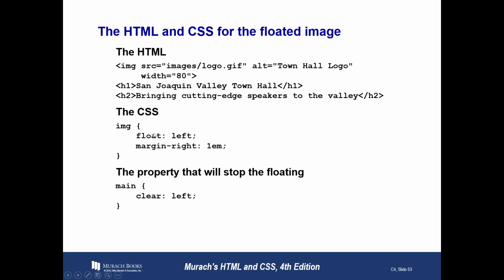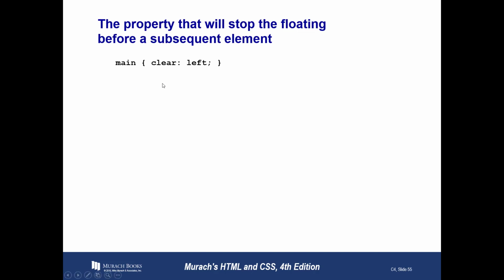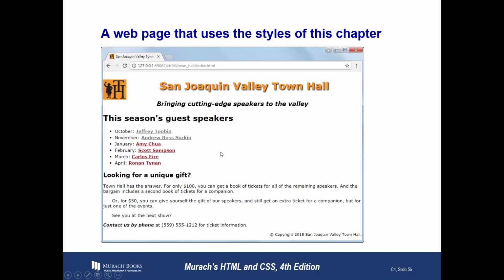All right. So you can float left, you can float right, and when you get done floating, you have to turn the floating off. And you typically do that by saying clear left, clear right, or clear both. I'm not expecting that that's going to make a whole boatload of sense. We will cover that in depth and breadth of coverage later on in the course. All right, so again, that's the way you can stop floating.